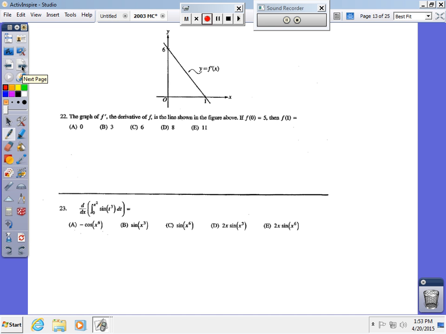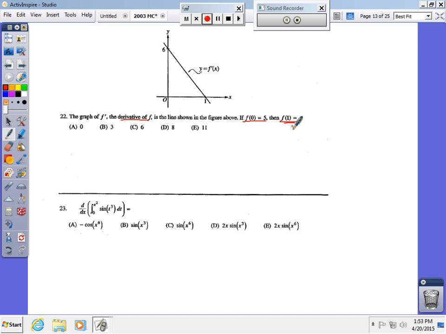Alright, the graph of f prime, the derivative of f is shown. So this is f prime, and they want you to find if f of 0 is equal to 5, then f of 1.